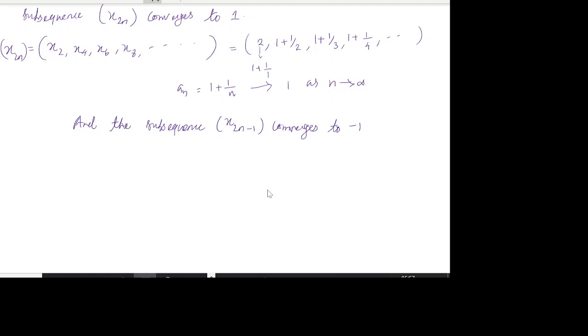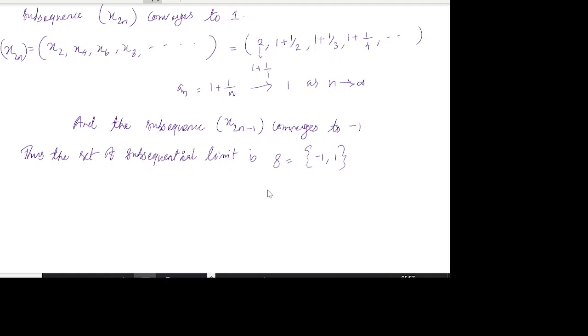Thus, the set of subsequential limits is S equal to {-1, 1}. See, I have checked only two subsequences.